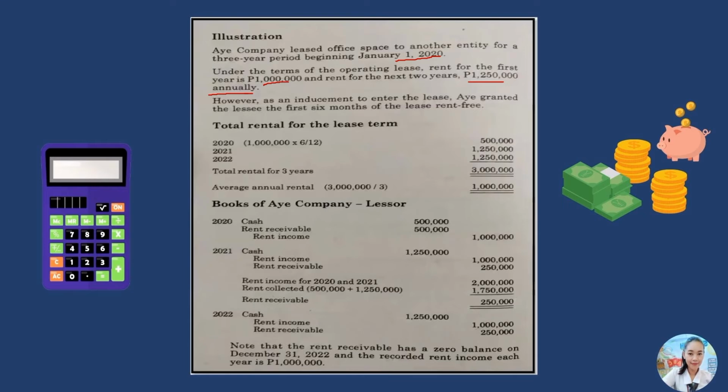However, as an inducement to enter the lease, A granted the lessee the first 6 months of the lease rent-free. So 6 months is granted as free.